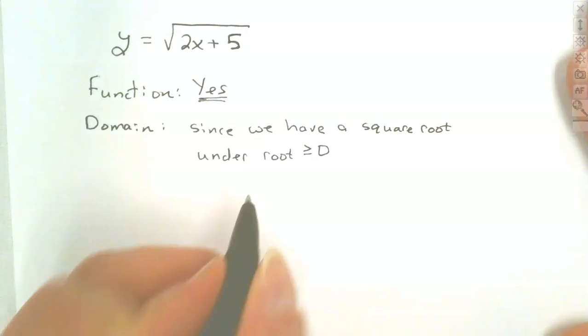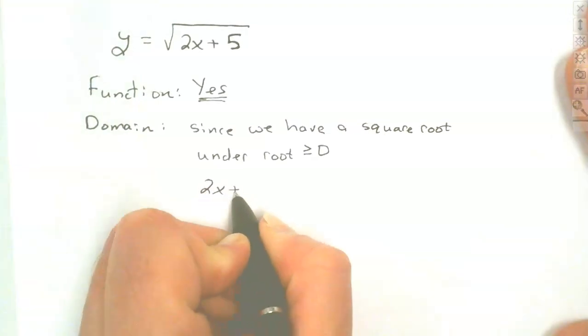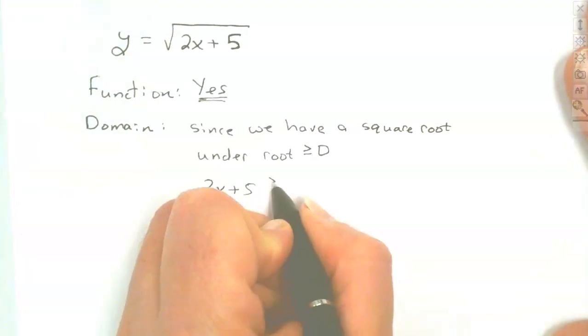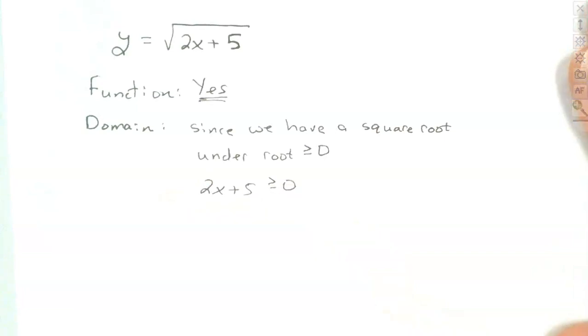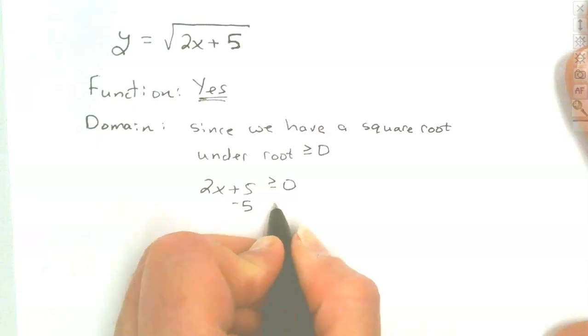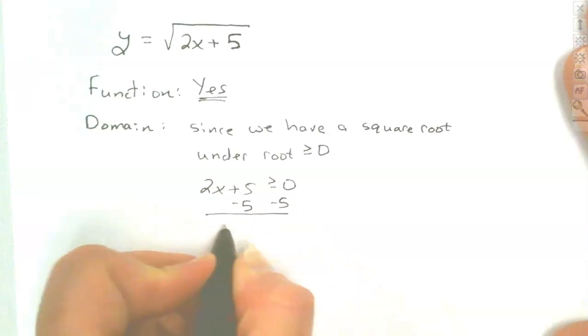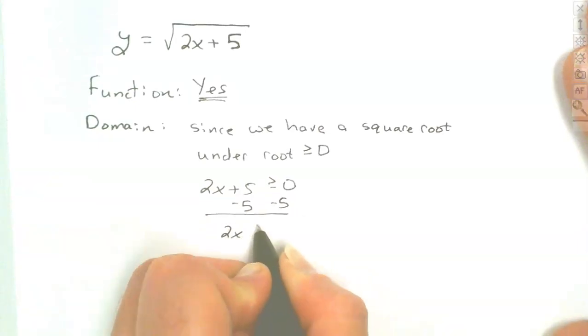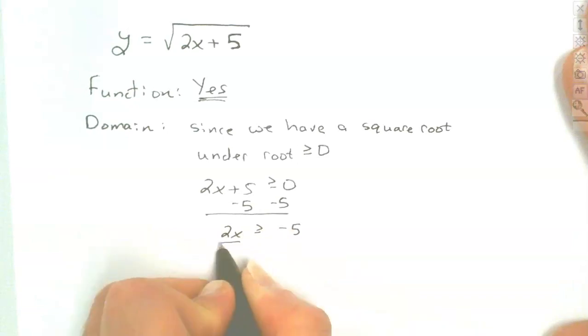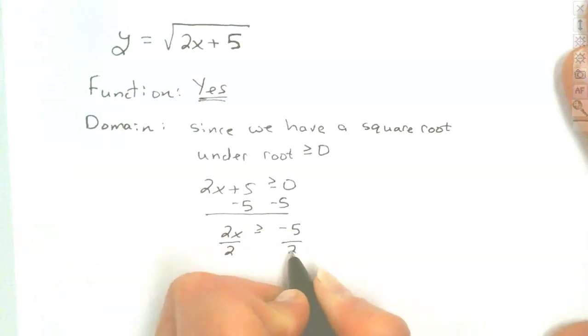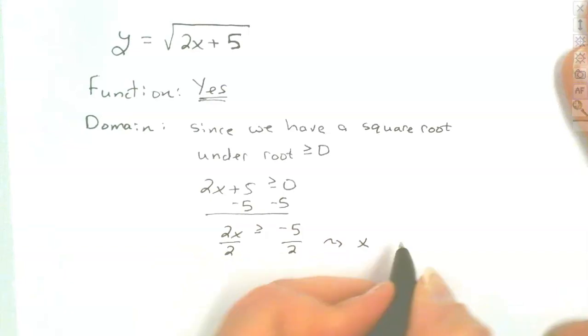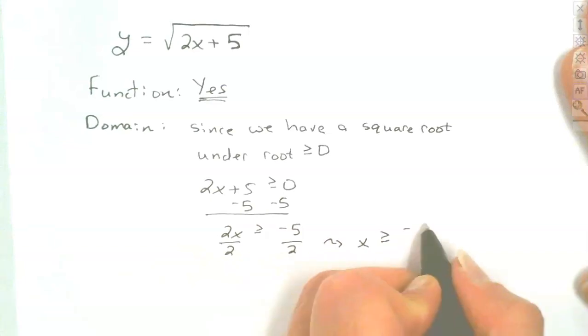So we take what's underneath this root, which is 2x plus 5, and we're going to set that greater than or equal to 0. And then we can solve it by moving that 5 over and then dividing by the 2. And so now we've got x is greater than or equal to negative 5 halves.